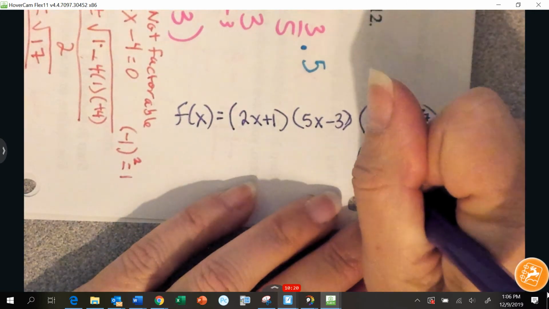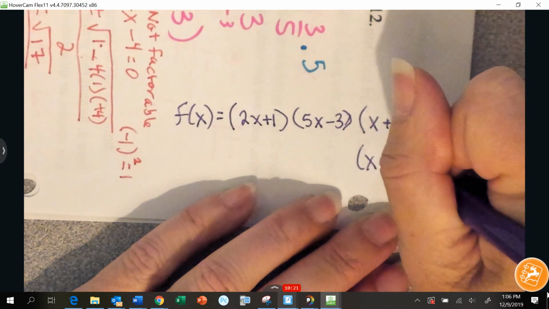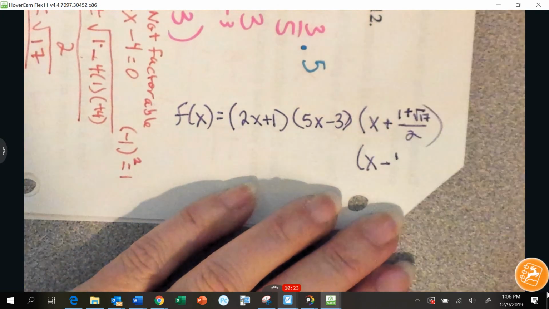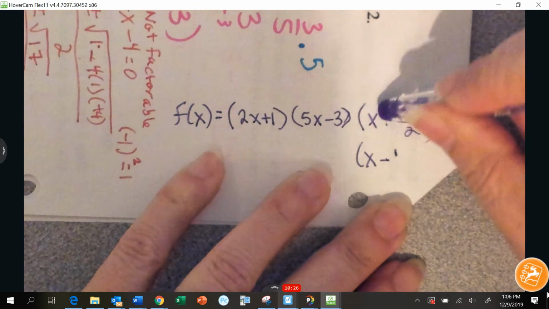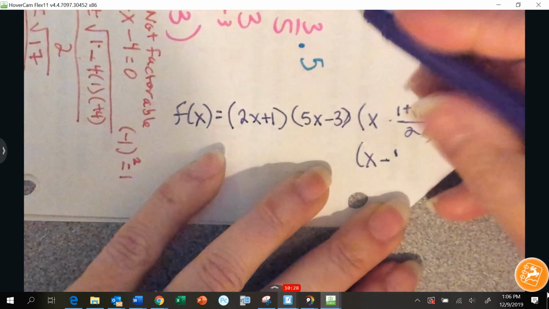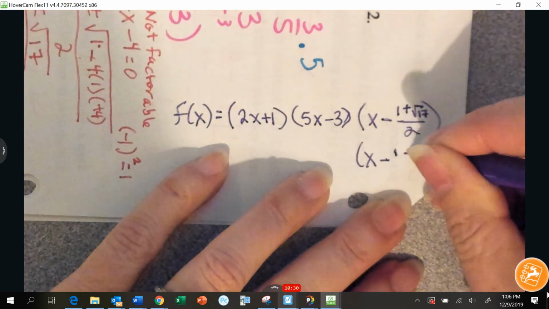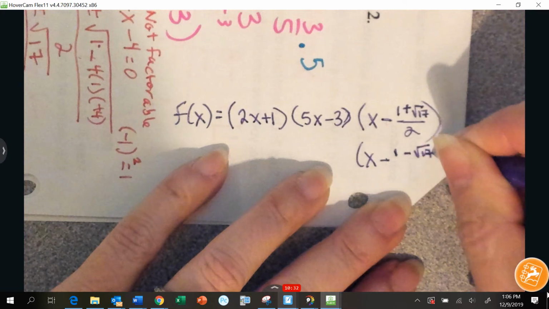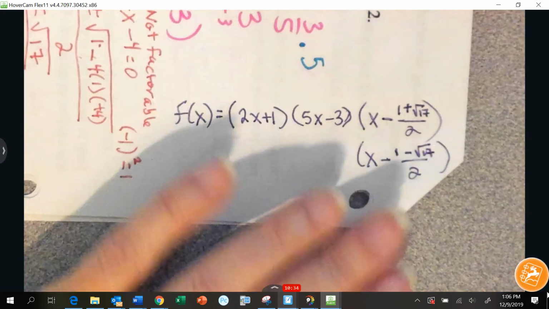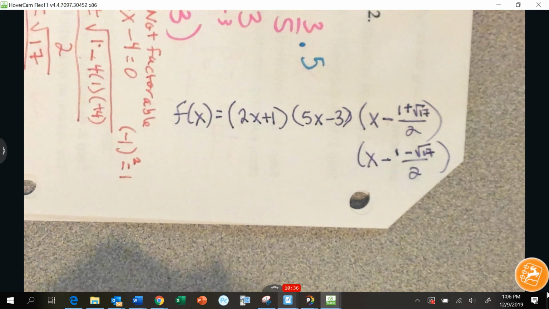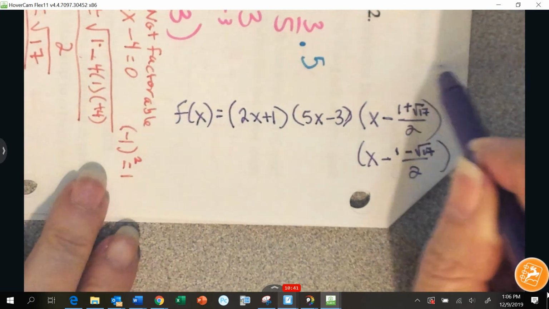And the other one's going to be x minus, 1 minus radical 17 over 2. Sorry, both are going to be minuses. I can talk about why they're both minuses. I kind of talked about it last time. So that would be the factored form of this guy.